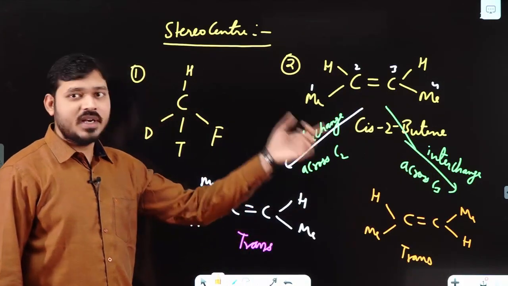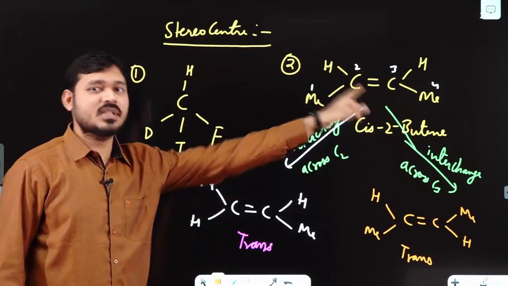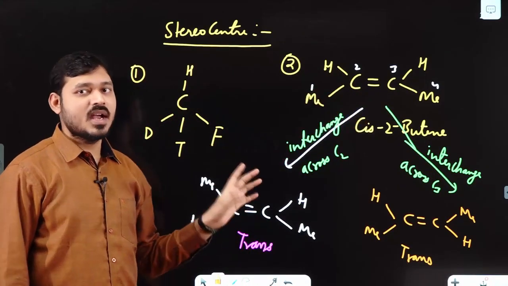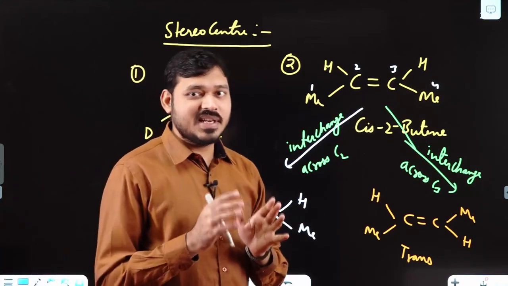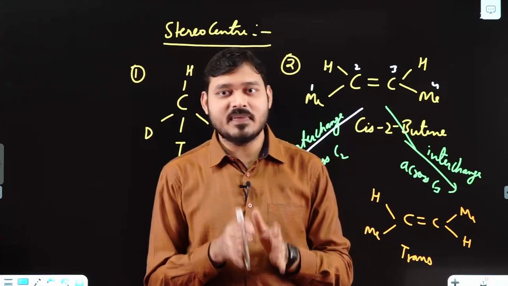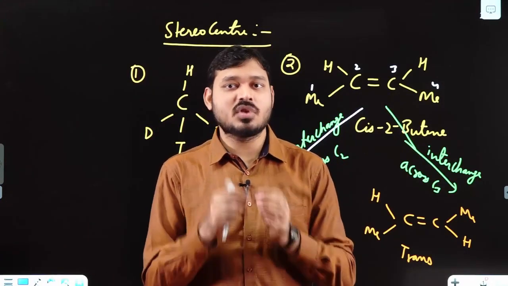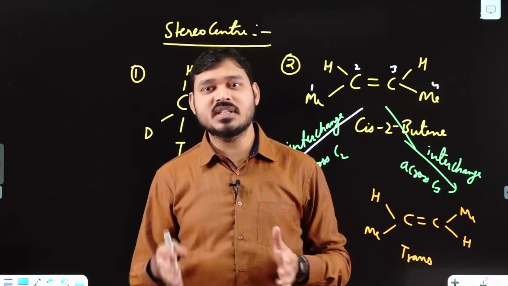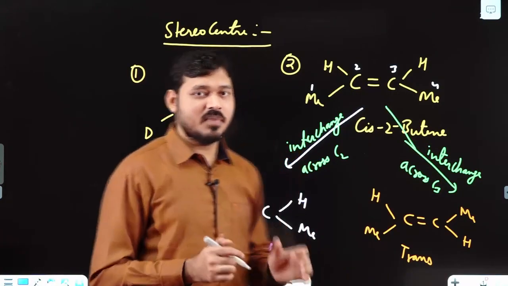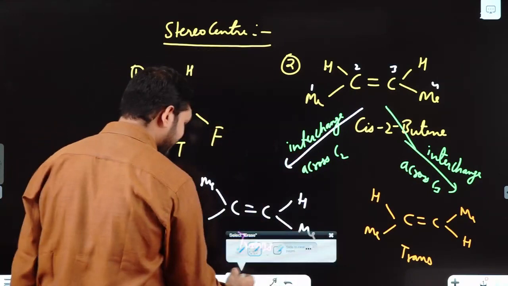So on interchanging through C2 or C3, in both the cases I am getting its stereoisomer. So dear students, stereo center defines a particular atom through which any interchange of two groups can give its stereoisomer. Clear? So let me give you the definition.